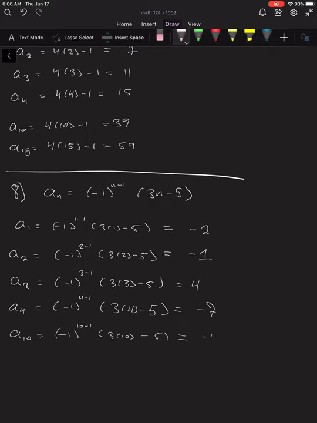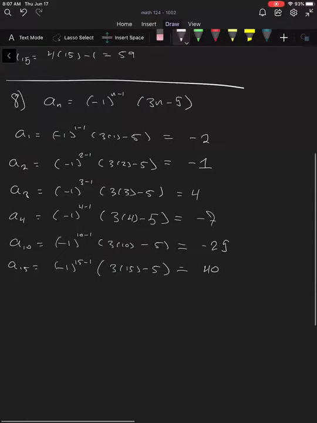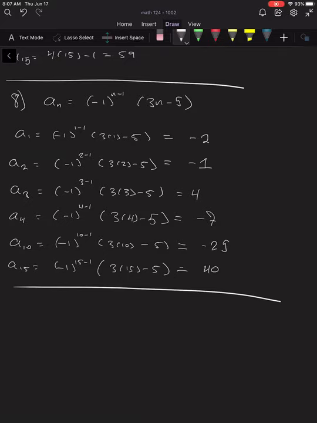So negative 25. And a15. So negative 1 to the 14 is positive 1. And then we have 45 minus 5, which is 40. All right. 11 through 18, those are like the same problems.